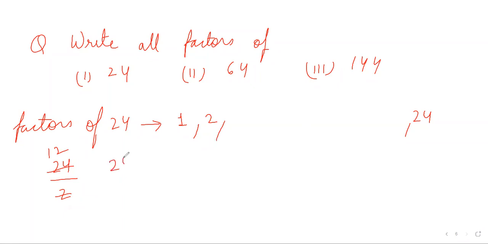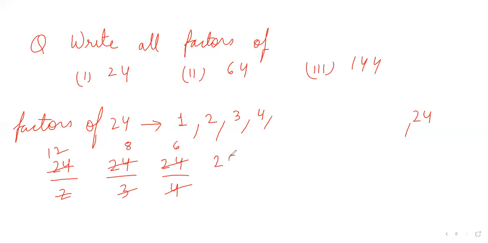If I divide 24 by 3, is it exactly divisible? 3 ones are 3, 3 eights are 24. So 3 is exactly divisible. If I divide 24 by 4, 4 sixes are 24, it is exactly divisible.